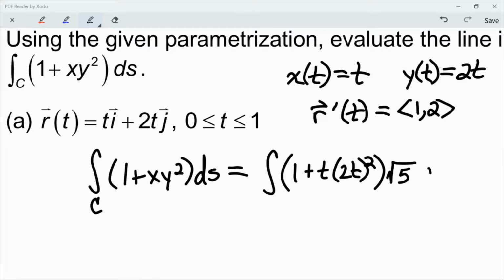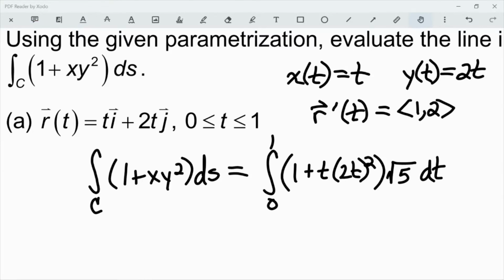And then that's going to also have the differential dt. Now, my limits of integration here, I'm no longer just going to say the general C. Since I've converted this over into the form of the parameter t, that means I'm integrating, let's say, time from 0 to 1, if we assume the parameter t is time.